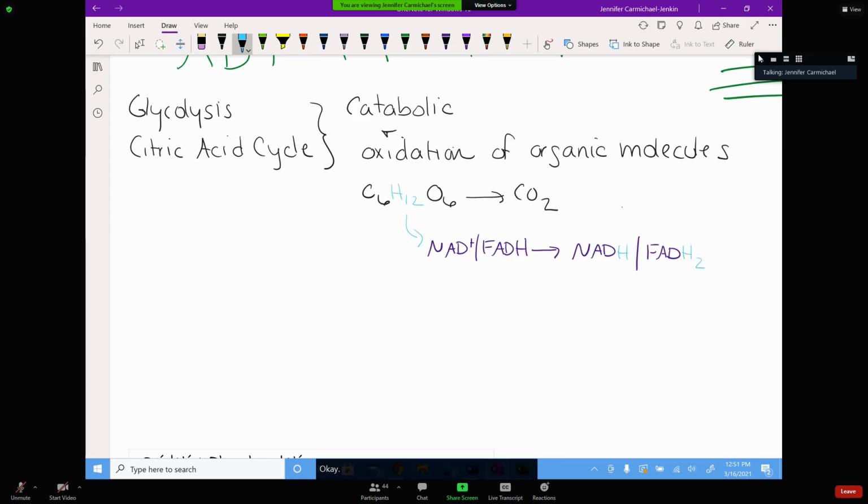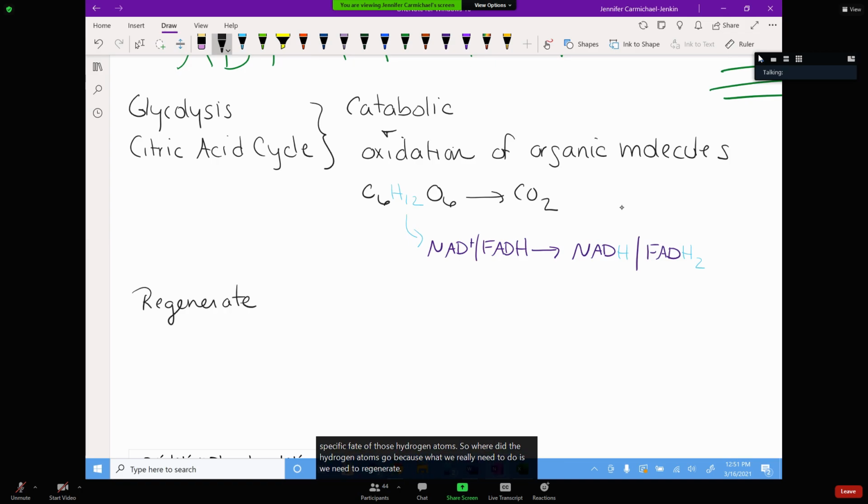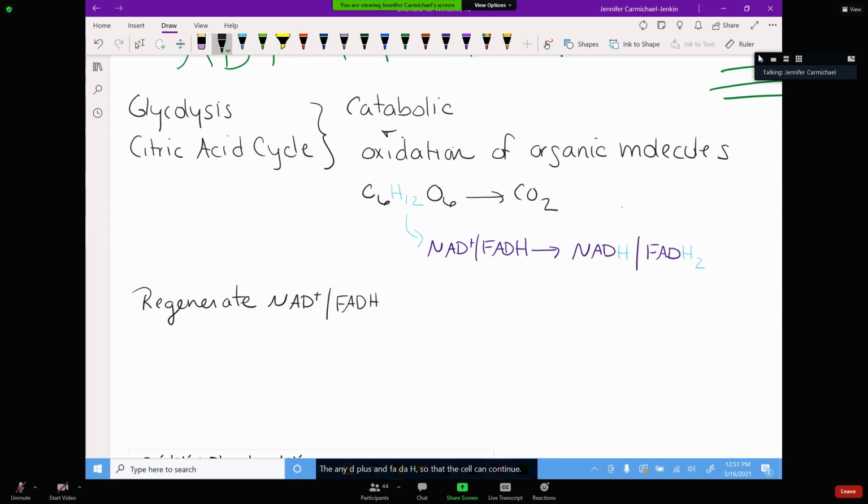Now, what we really talked about last time was one specific fate of those hydrogen atoms. So where do the hydrogen atoms go? Because what we really need to do is regenerate the NAD+ and FAD so that the cell can continue glycolysis and the citric acid cycle.